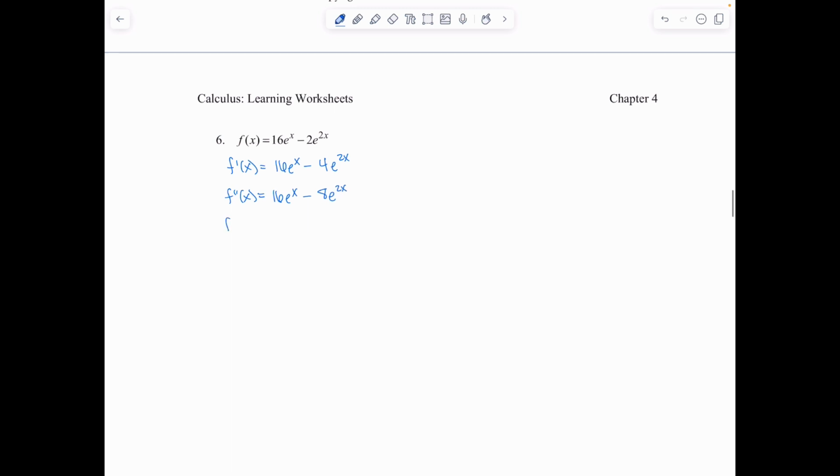We set our second derivative equal to 0. And we can do 16 e to the x equals 8 e to the 2x.